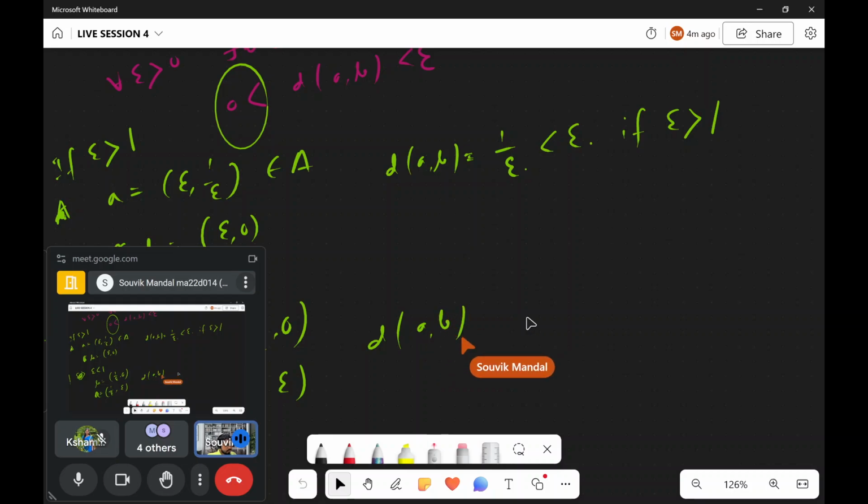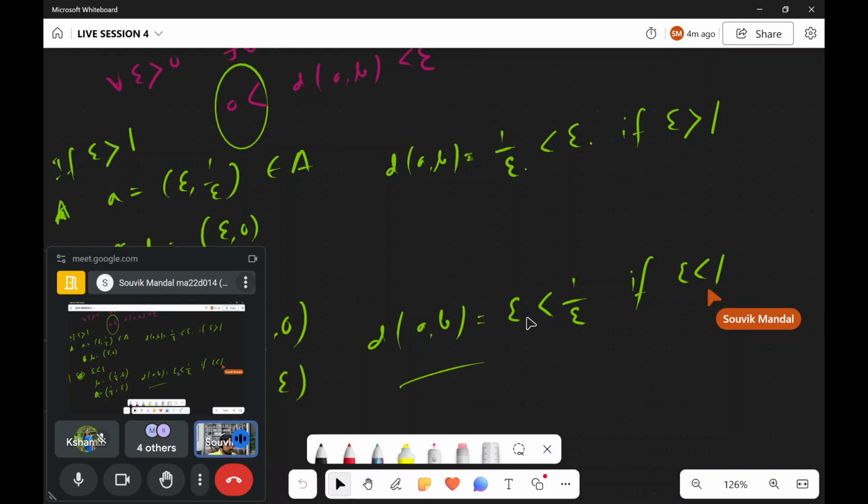Then d of AB is equal to epsilon, which is less than 1 by epsilon if epsilon is less than 1. So in any situation, we can say that their distance is always less than epsilon. That is what we are trying to say. Are you able to understand how to choose these points? The point is that you can directly choose the points depending on the value of epsilon. Understand?